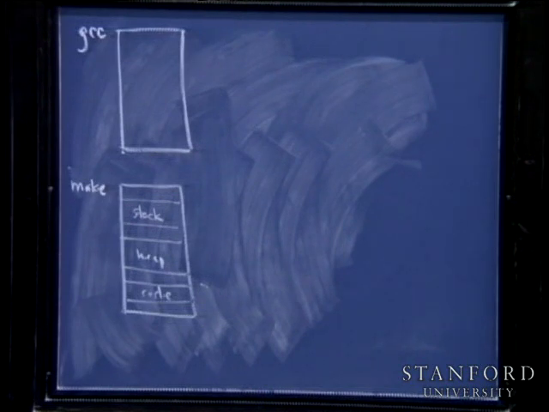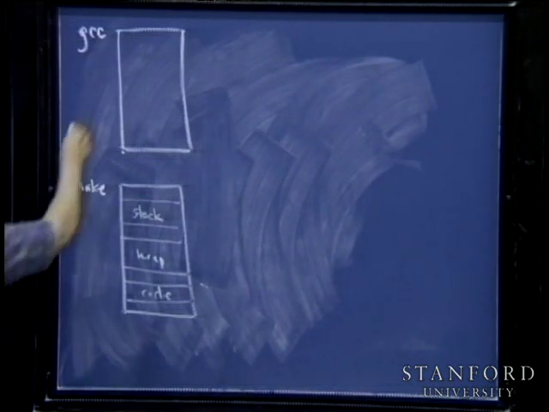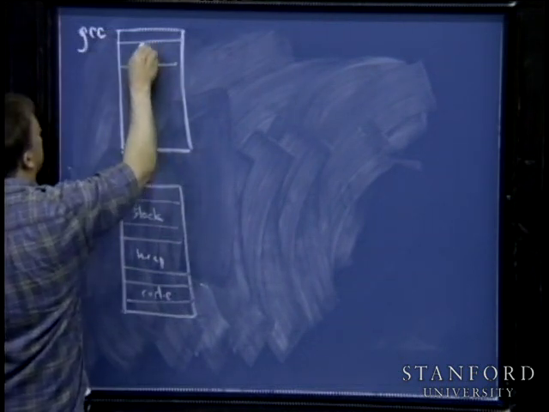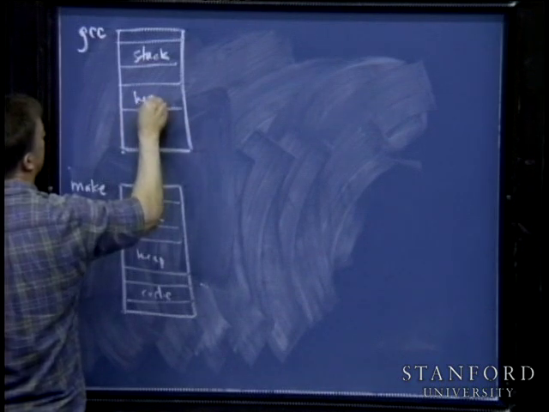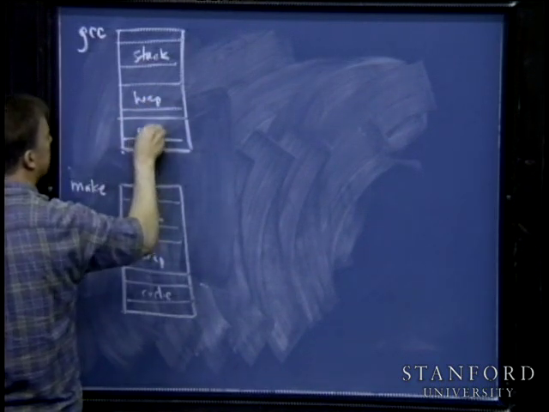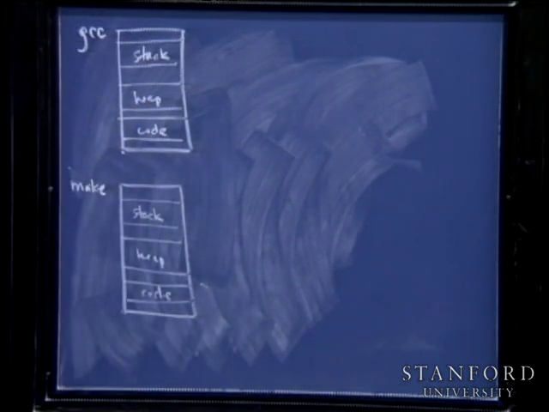GCC is an executable. The first C compiler was probably written in C, or it wasn't written in C. It was written in assembly, but then it kept bootstrapping on the original compiler to build up more and more sophisticated compilers. So the C compiler was written in C, I'm sure of it. It also thinks its stack is there, and its heap is there, and its code segment, where all the assembly code resides right there.